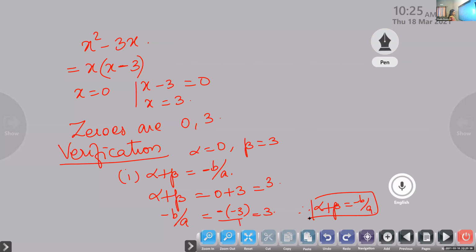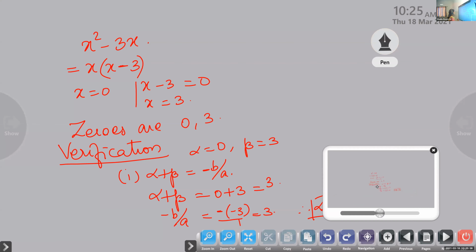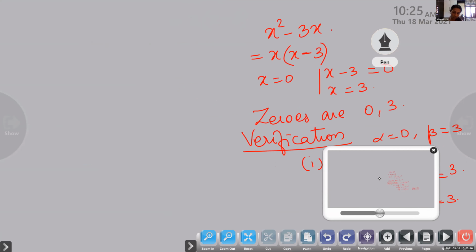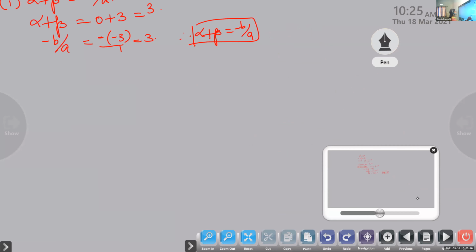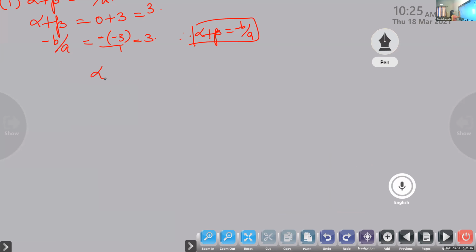Vishnu Priya, what is the second relation you have to verify? Alpha beta is equal to C by A. So find out what is alpha beta. Rifa, tell me what is alpha beta.